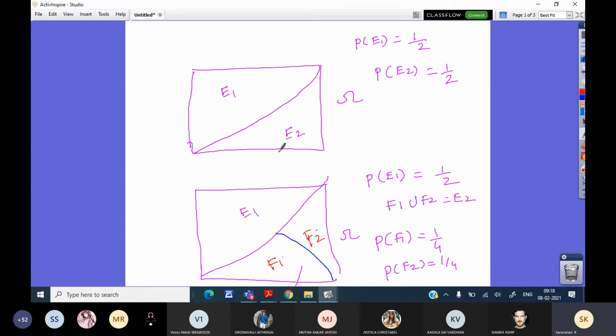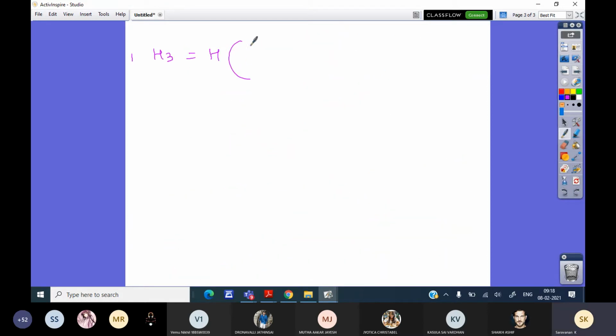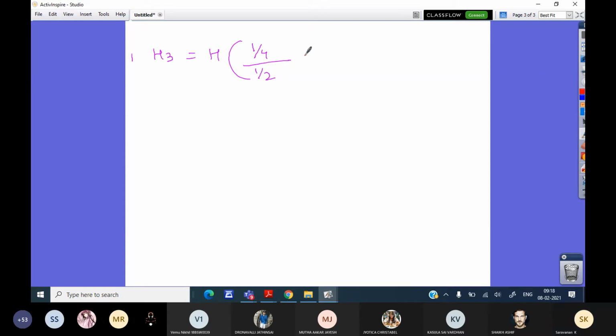Because E2 is the main event I am dividing into sub-events. I know the main E2 event probability is 1 by 2. So 1 by 4 divided by 1 by 2 gives 1 by 2, 1 by 2.